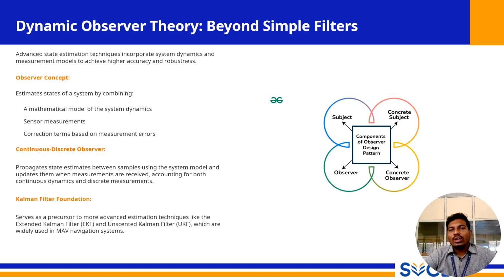The Kalman filter is a specific optimal implementation of the observer concept for linear systems. The EKF and the UKF are powerful adaptations of this filter that can handle the complex nonlinear dynamics of MAVs. These algorithms are widely used in MAV navigation systems and represent the state of the art in sensor fusion.